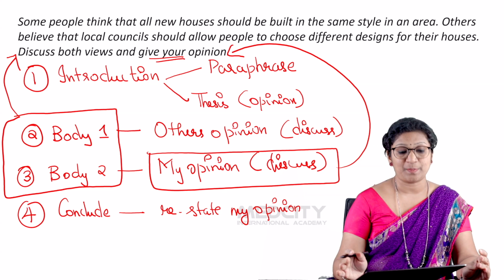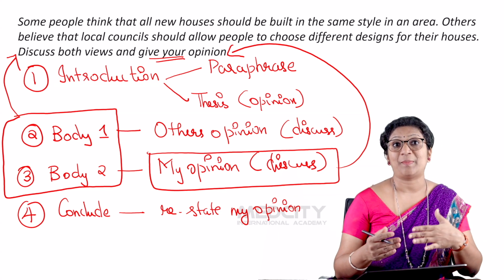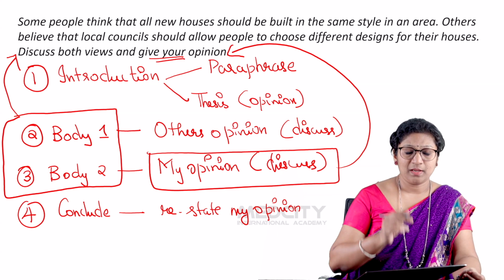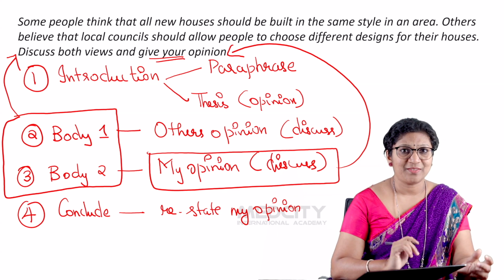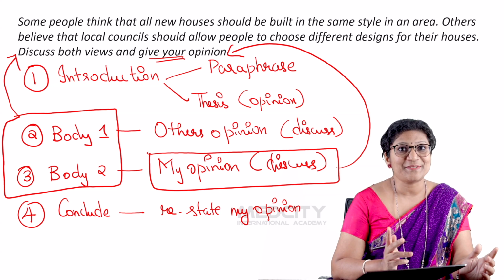Of course, a different approach to this would be discussing view 1, view 2, and in the third body paragraph, mentioning your opinion. That's also a possibility. But isn't this easier, finishing your essay in 4 paragraphs when compared to writing 5 paragraphs?